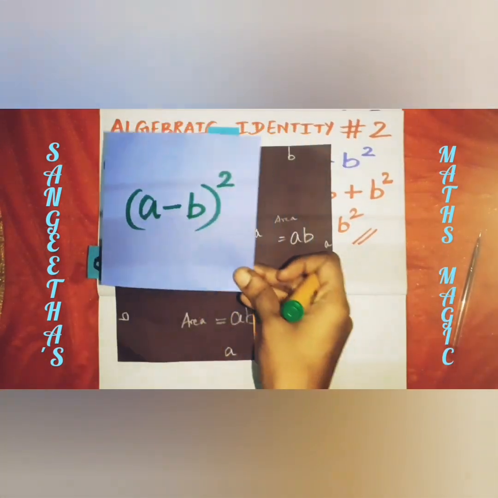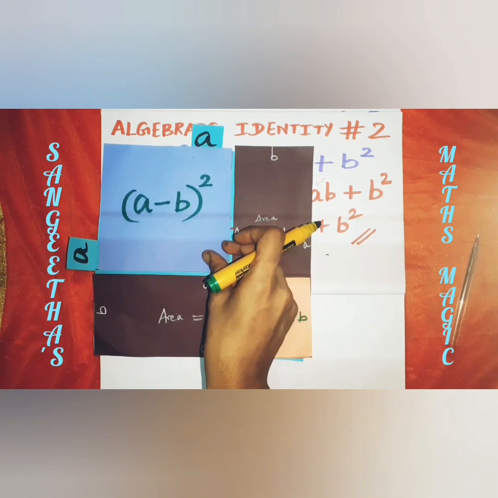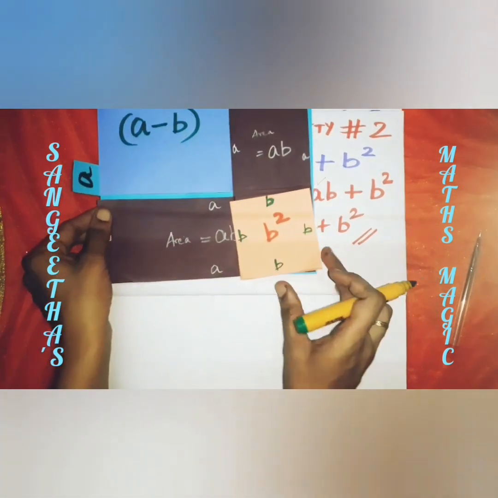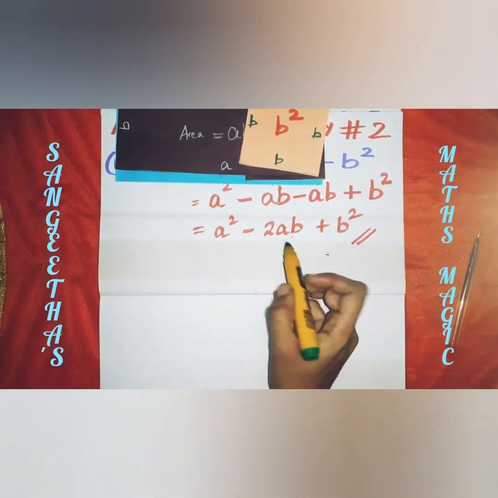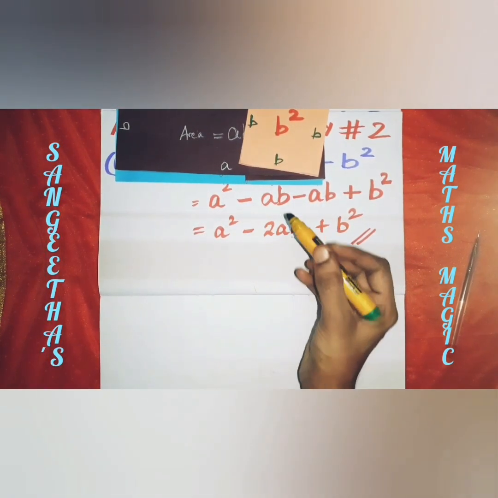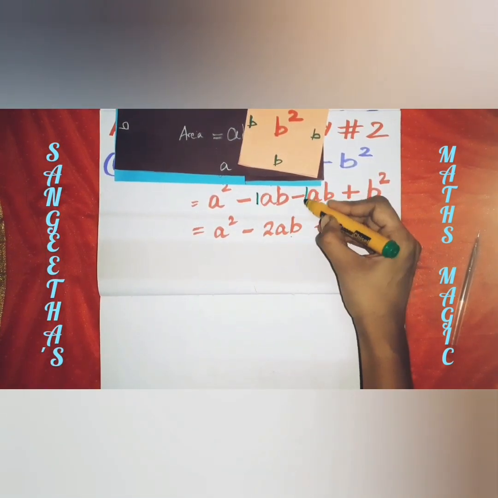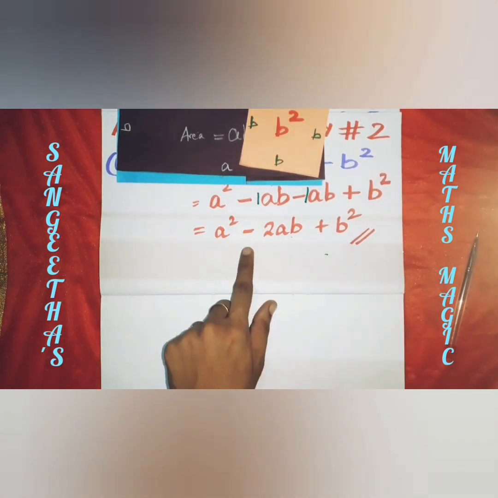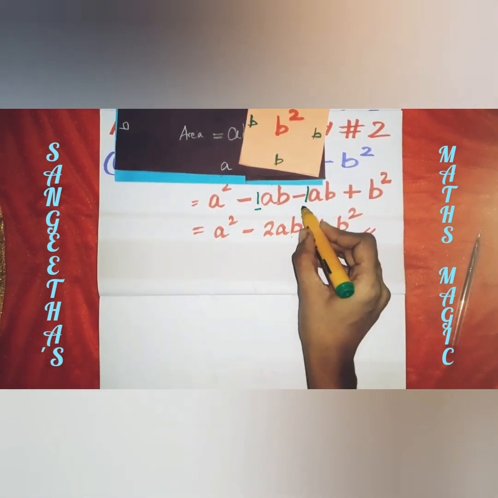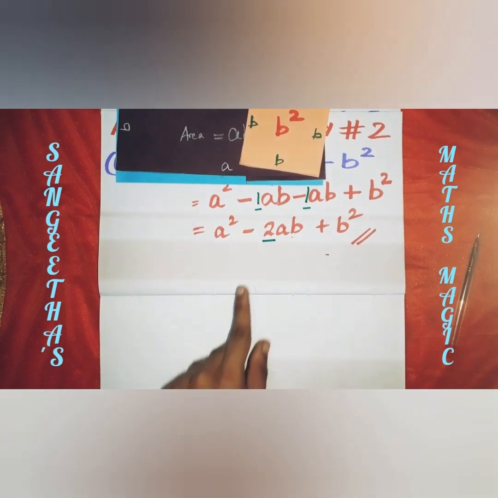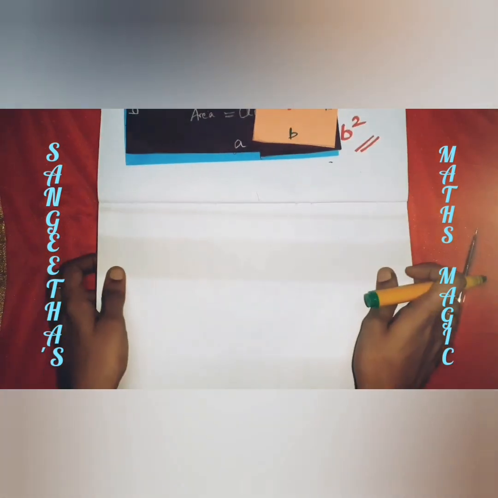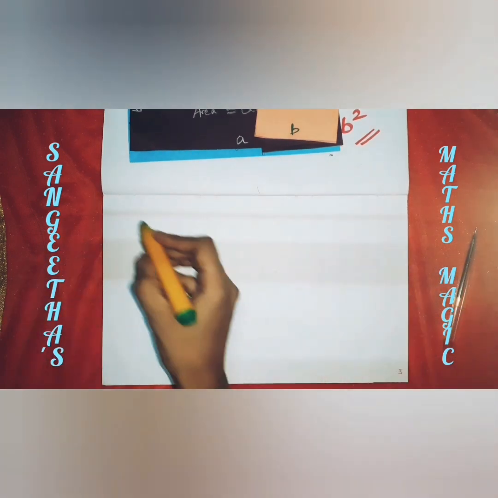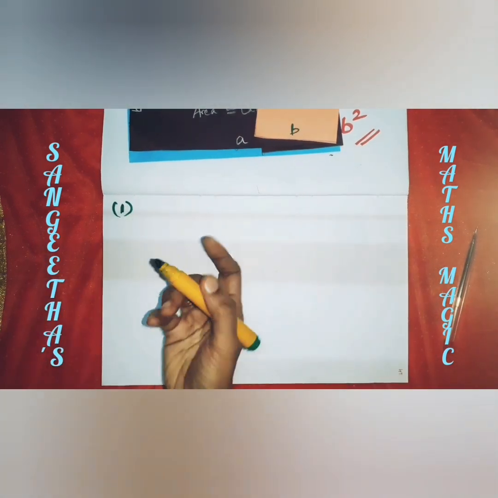So A minus B, the whole square, is nothing but A square minus AB plus B square. Minus AB, since it is like 1, if there is no other number, it is 1AB and 1AB, right? So it is 2AB. A square minus 2AB plus B square. Clear? So let's go with some problems.